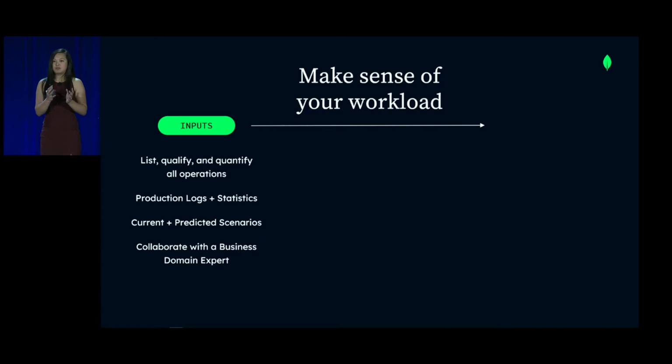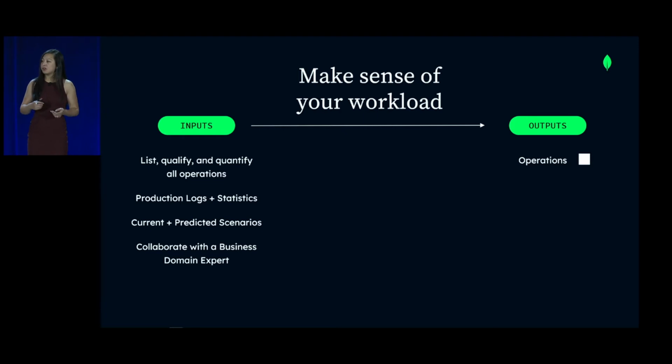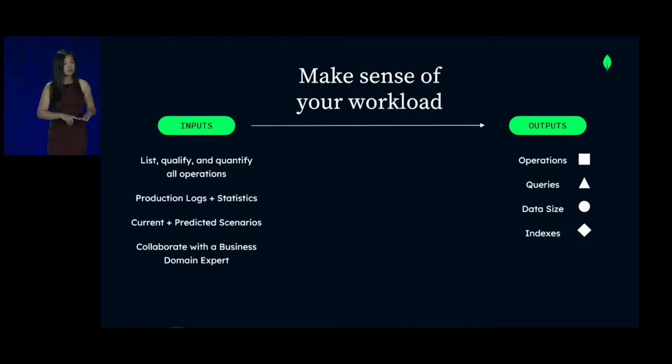So when you take all of these inputs, you gather everything there is to possibly know about the data that is running within your application, you'll get out of this phase the operations that you are usually using, the queries that you are running and the ones that you're not, sizes of data, more accurate sizes, not just estimates, but sizes of the actual data that you're working with and expect to work with, indexes that you may be needing because of all the different operations and queries you have found in the first discovery phase, and all of the assumptions that are currently part of your app right now.